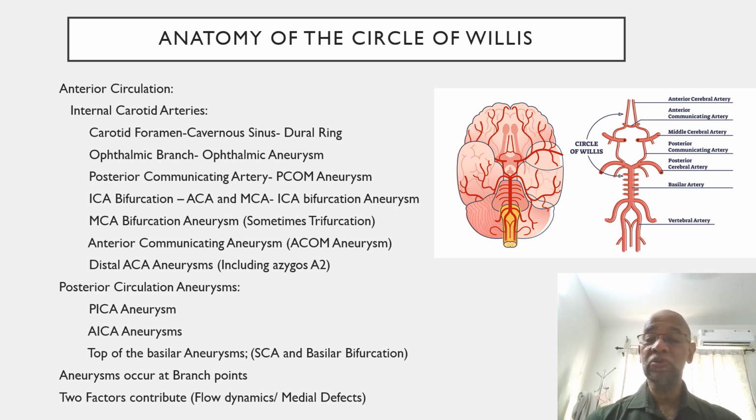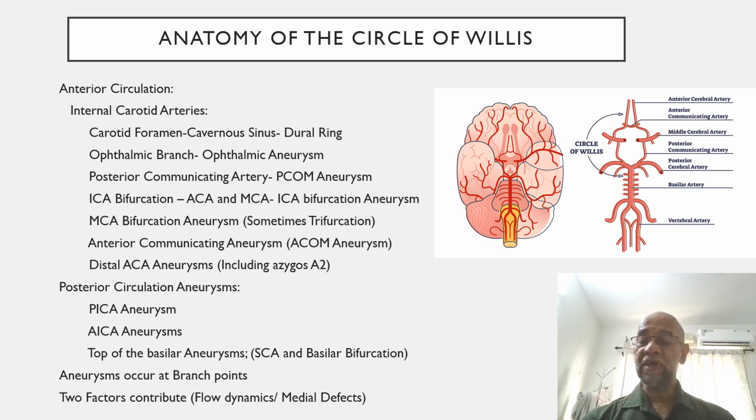So here also you can have aneurysms, which are called ACOM or anterior communicating artery aneurysms. The ACA as it moves up can have aneurysms again, called distal ACA aneurysms.